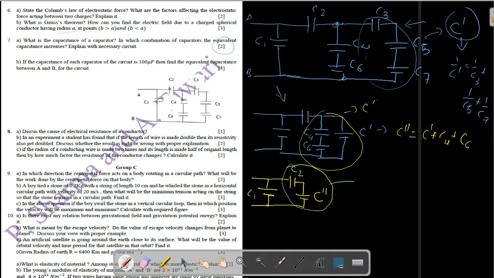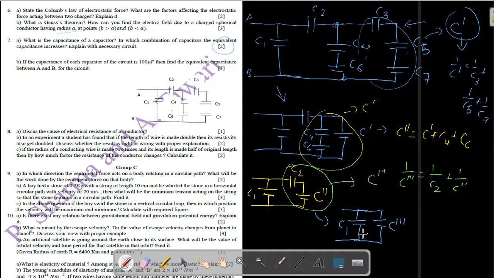Okay, so we can write here C triple dash for the equivalent capacitance for these two, and we can use C triple dash equal to 1 by C2 plus 1 by C double dash. Finally, I have to imagine C1 as this, and for these two we have to suppose C triple dash.